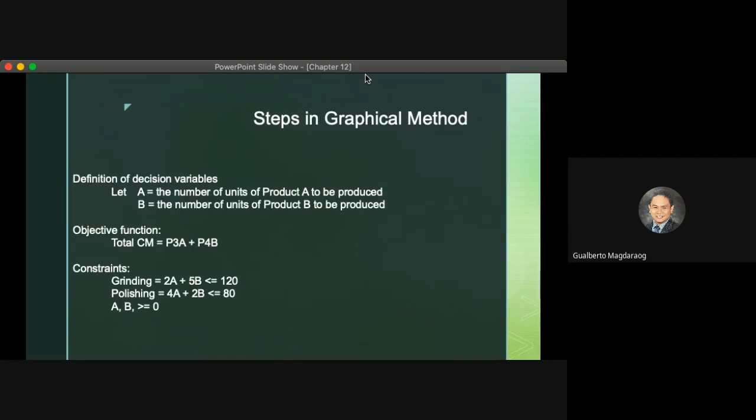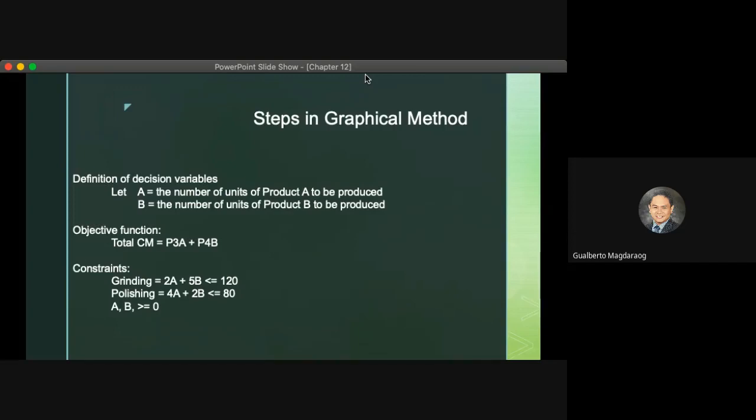Our constraints or limitations are, for the grinding, 2A plus 5B should be less than or equal to 120. It is less than because that's our limitation. Pag beyond 120, hindi na natin magagamit yung machine kasi hanggang 120 lang yung grinding.